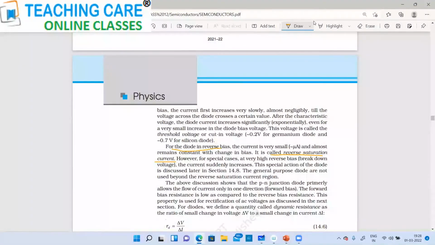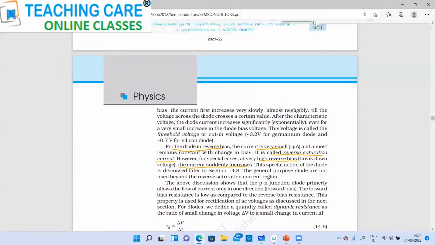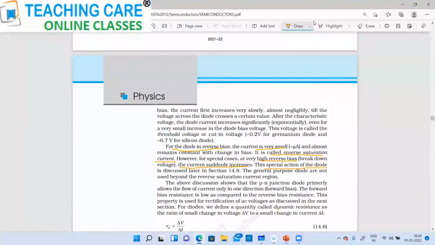For the diode in reverse, the current is very small and it is called the reverse saturation current. At very high reverse bias, the current suddenly increases. If you go beyond this, the current suddenly increases. That special action of the diode is the Zener diode, which is not in this syllabus.